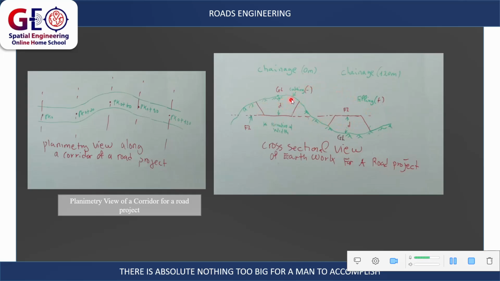Here on this first section, we see that there will be cutting to arrive at the formation level of the road, and here there will be filling to arrive at the formation level of the road. But how many cubic meters of earthwork will be needed at each section? We have to calculate it right now from the data that has been given to us.